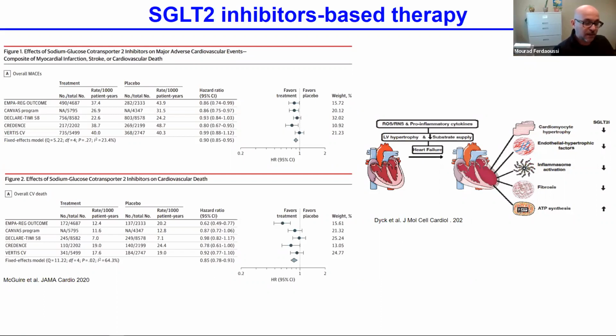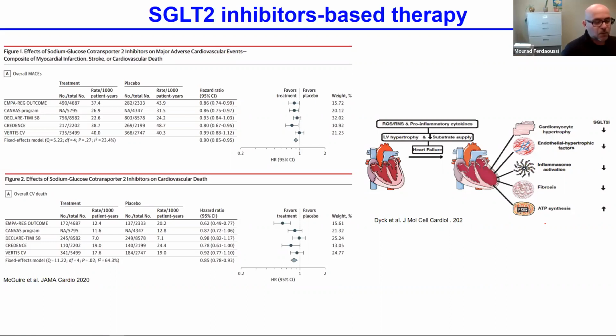We observed that these inhibitors prevent the activation of the inflammasome and the inflammation, and reduce the fibrosis in the cardiovascular setting. And some other studies showed that the SGLT2 inhibitor can increase the ATP production, which provides more energy for the heart and preserves its function.